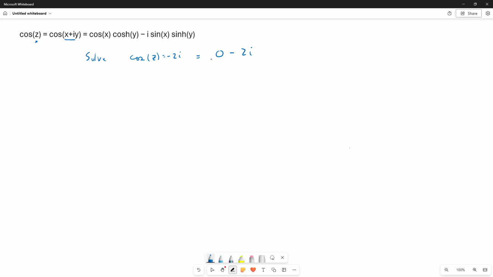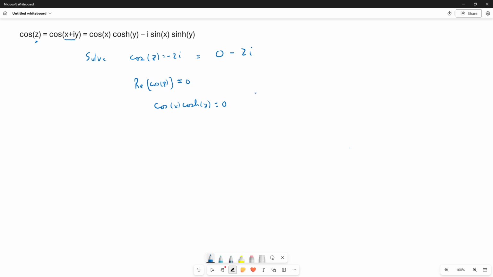So the real part of cosine z has to equal 0, and the real part of cosine z is cosine x times hyperbolic cosine of y.